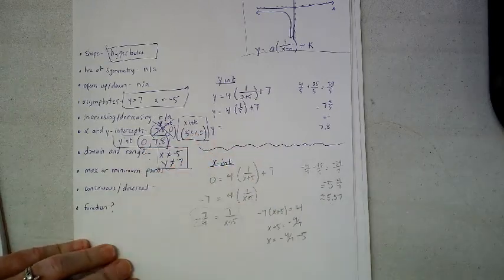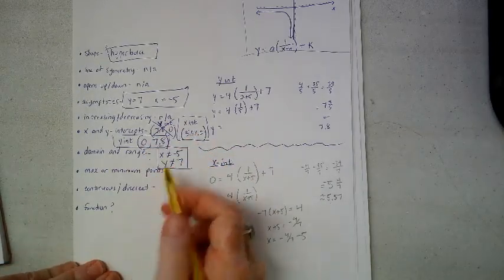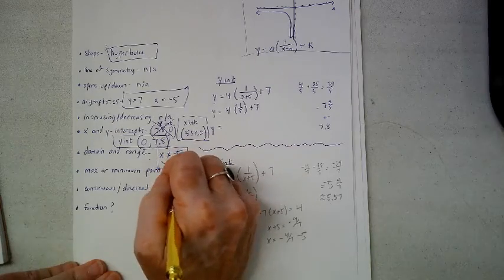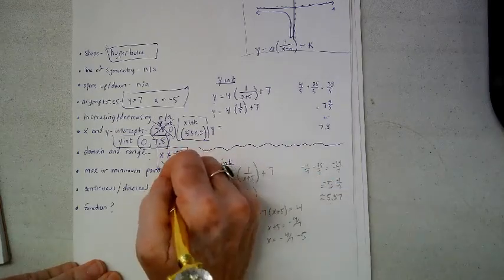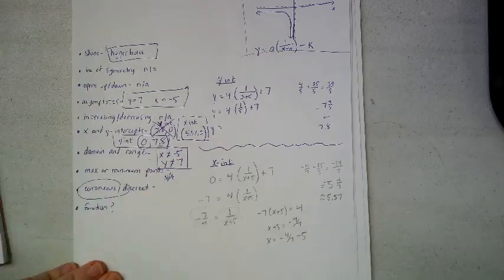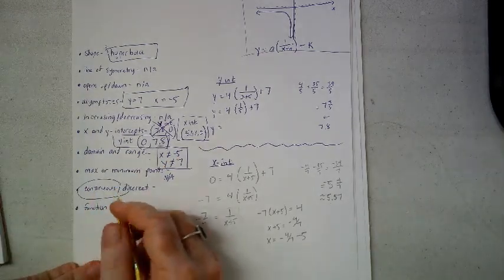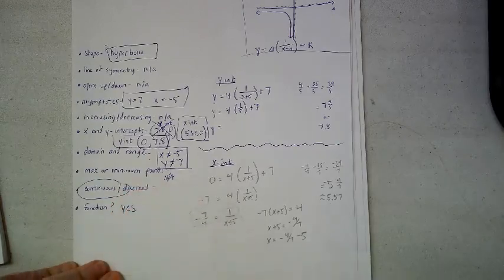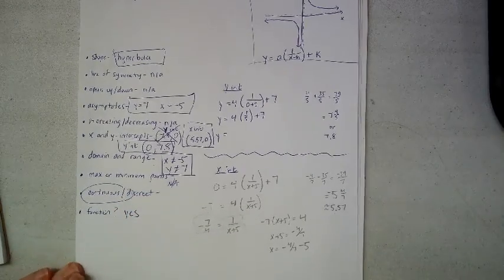And then minimum and maximum, I'm not going to talk about that. And continuous, it's continuous. And is it a function? Yes. Sorry, I've run myself right out of time.